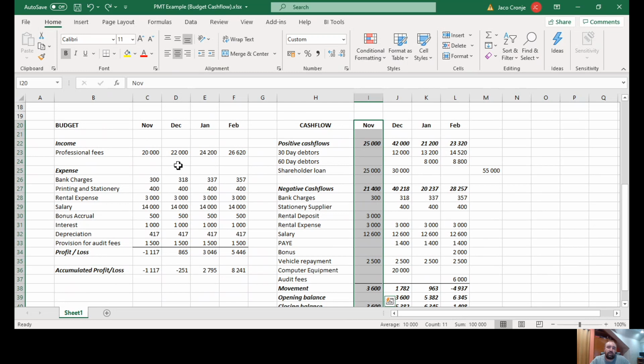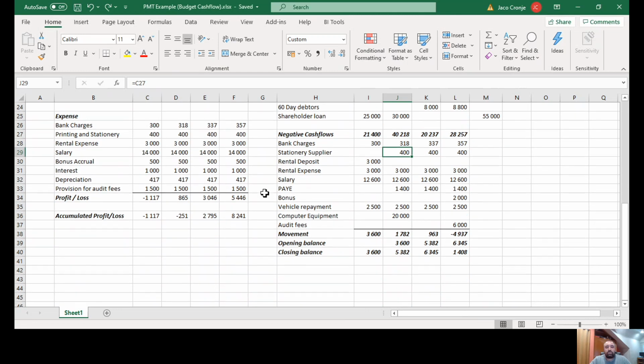If you were under, then you're going to have to decrease that to be in line with where you're supposed to be. Or if you didn't make your budget in November, you've got to work a whole lot harder in December to catch up for the losses that you made over and above your budget, because you can't go below these figures. Then you are going to run into a loss.